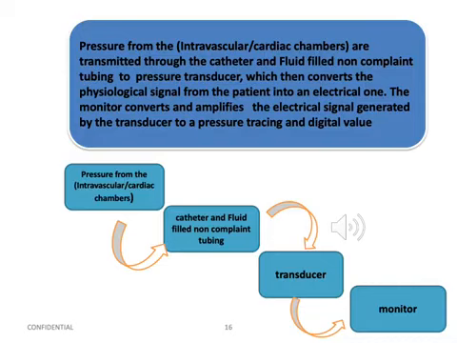The arterial line and the CVP line are connected to the catheter and the fluid-filled non-compliant tube.